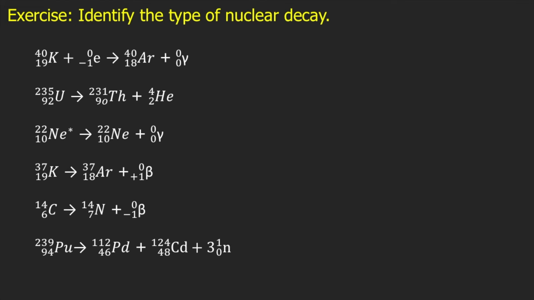For the first one, you can see an electron on the left side, and it also emits a gamma ray. So obviously, from what we discussed, this is electron capture. Second, we have an alpha particle on the right side, so this is alpha decay.